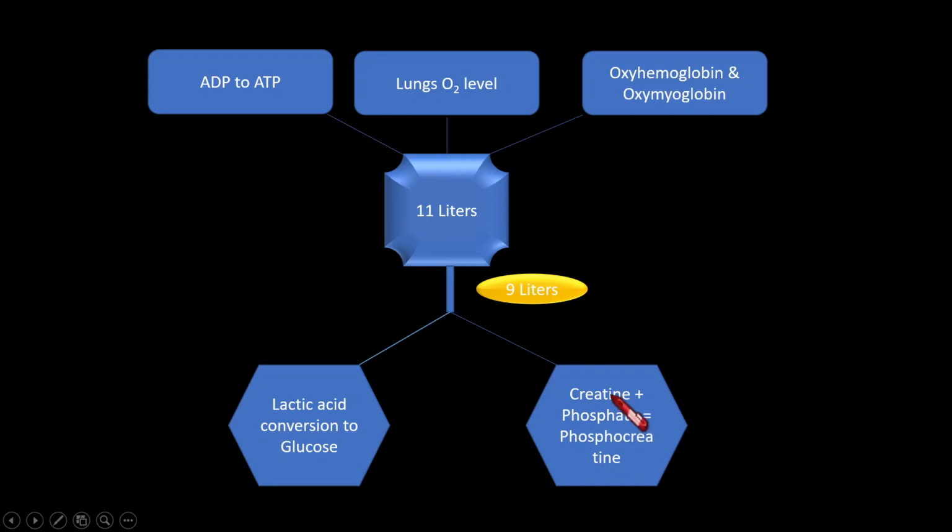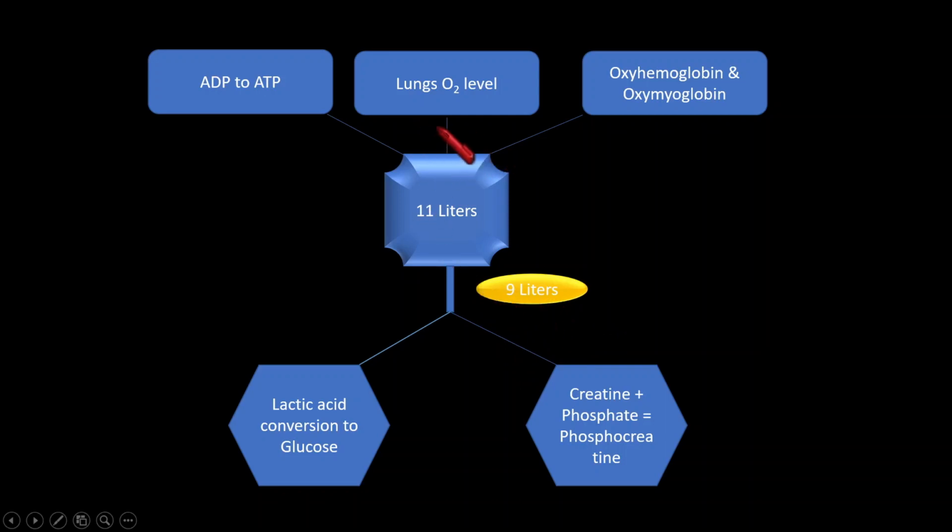From where? From creatine and phosphate. Clear? So using creatine and phosphate we need to regenerate phosphocreatine. That process also takes a portion of this 9 liters of oxygen.